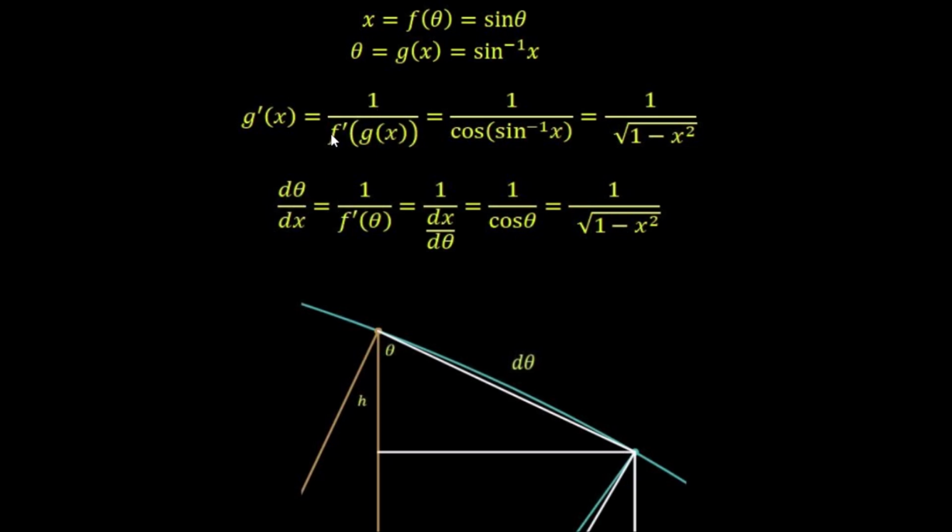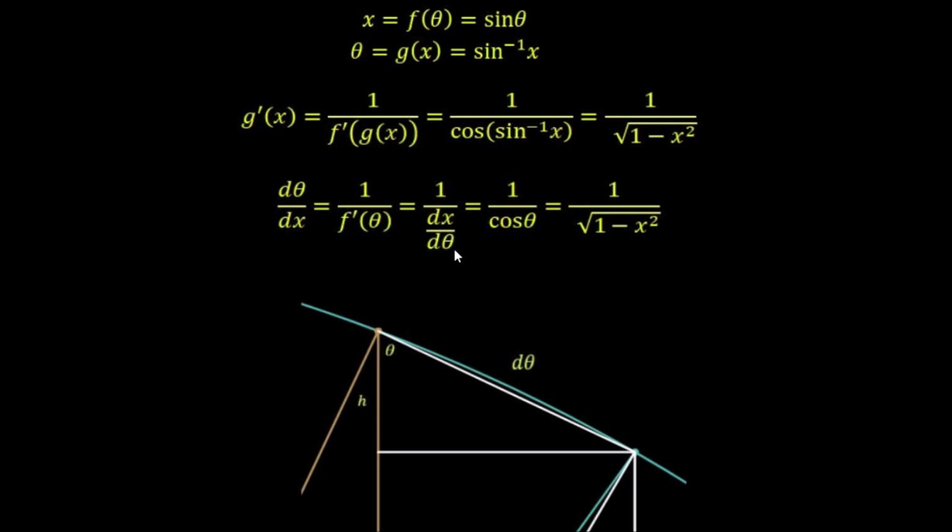And that is equal to 1 upon f derivative of the g of x. Now, g of x here is nothing other than theta, so it's f derivative of theta. And you can see again from above that x is equal to sine of theta. So that means that a small change in angle will give us a small change in length x. And that's what we've got here, dx by d theta.